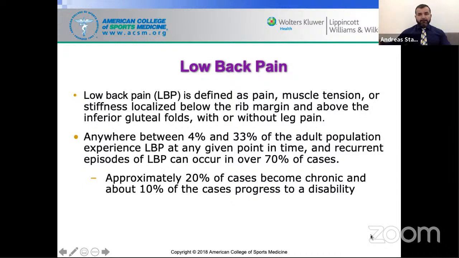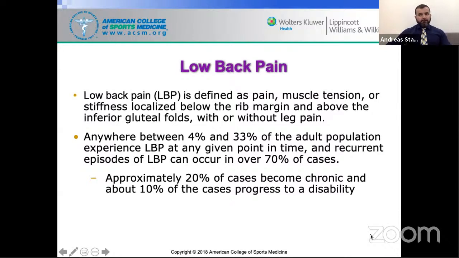If you don't know what the gluteal fold is, look it up. You should know what it is, anatomically speaking, right? And it's a very important anatomic region, especially in children or babies when they're getting born and then developing. It's really important when we're taking measurements. All right, with or without leg pain.